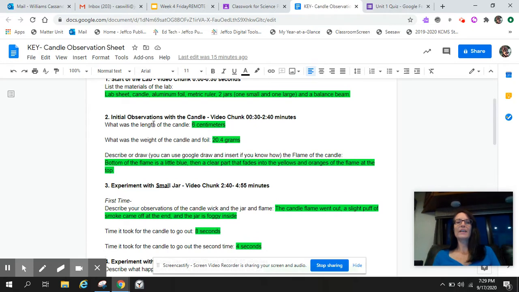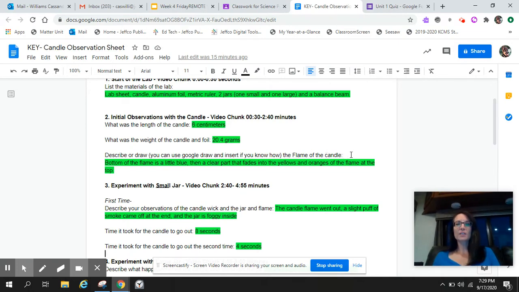Number 2, the length of the candle initially started at about 6 centimeters. The weight of the candle, or mass of the candle, more accurately, is 20.4 grams. He specifically said that in this chunk of time in the video. And then the question also for number 2 asked you to describe or draw the flame of the candle.